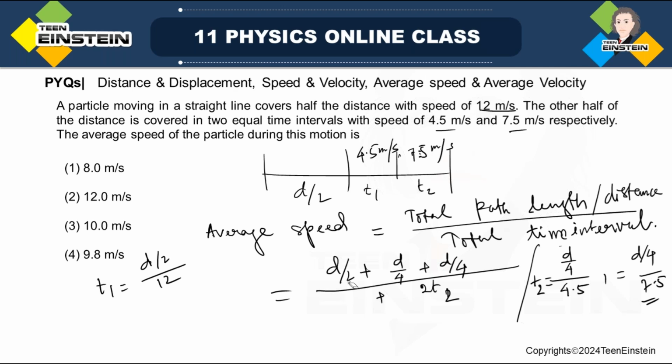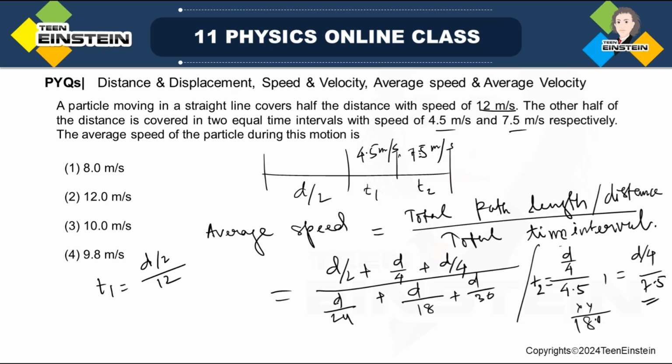See, this d1 can be written as d by 24, and this could be written individually as d by 18 plus d by 30.